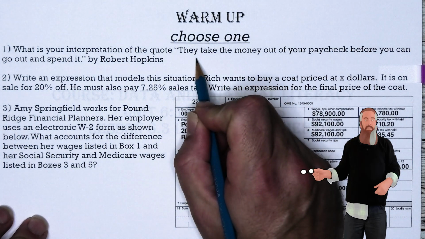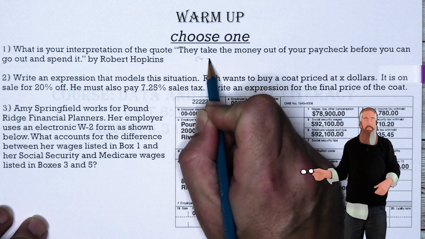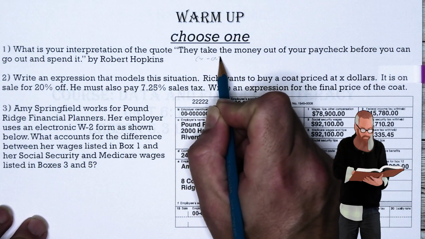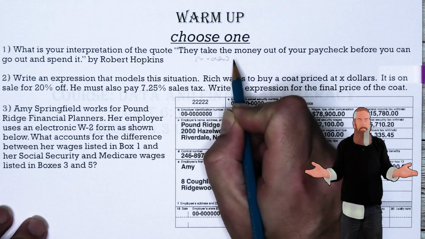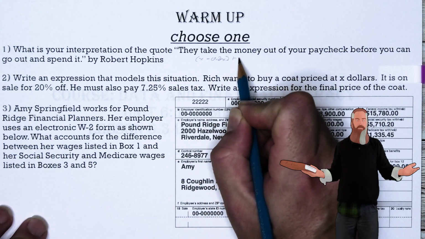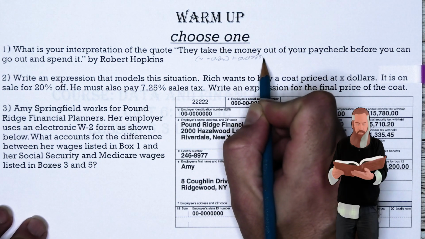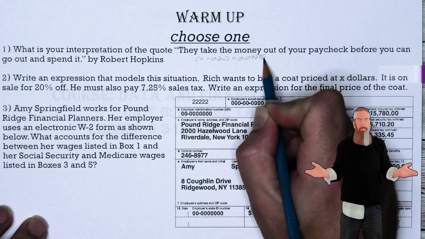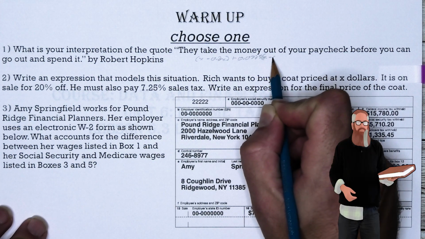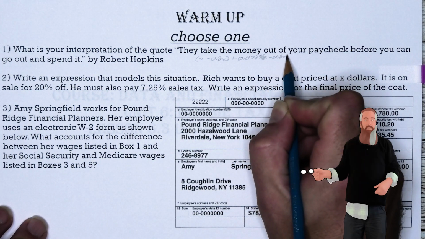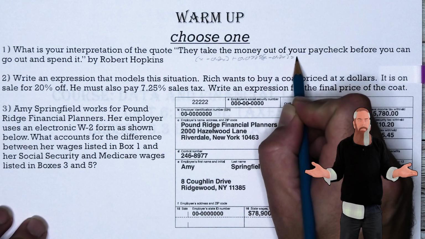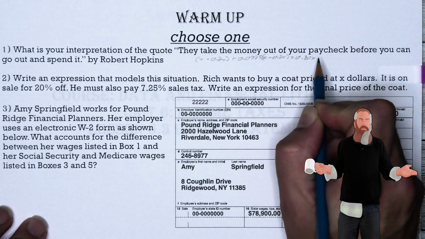This means that the price of the coat, being X dollars, will be subtracting 20% or 0.2 times X. We're also going to be adding in the sales tax of 7.25%, so 0.0725 times the value of X minus that 20% or 0.2X. This will give us 0.80X.